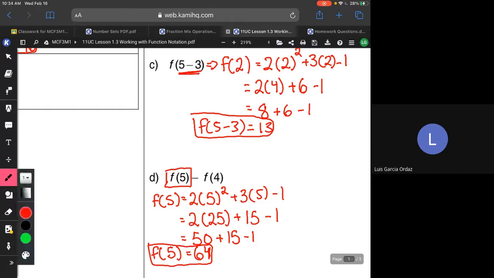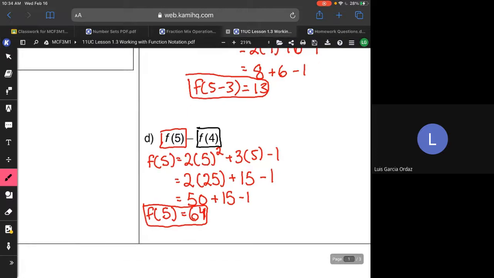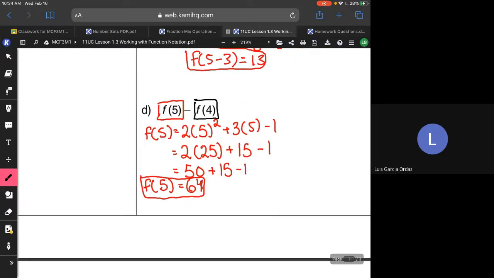Now, what I have to do next is figure out f of 4. So I have to do that separately. So wherever I see x, I'm going to plug in 4.